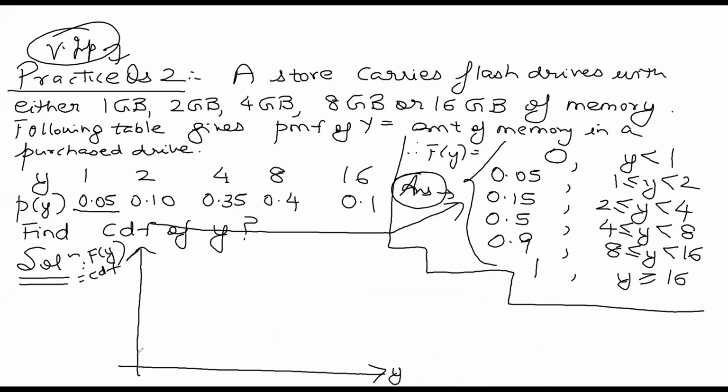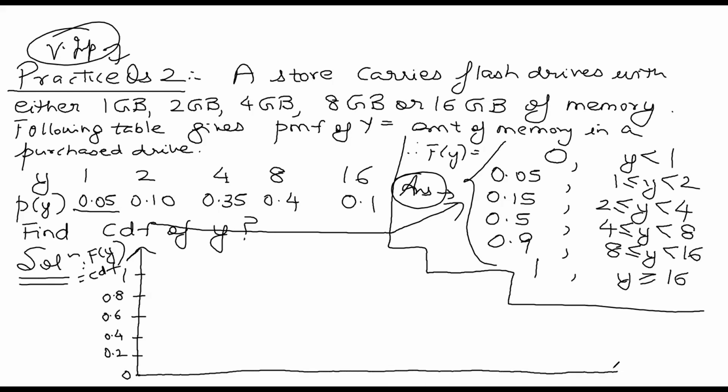I can take the values 0, 0.2, 0.4, 0.6, 0.8 and then exactly 1. And then on the y-axis, I can take the values going on till 16. In the handout, I have not gone till 16, but here I can probably try and go till 16.